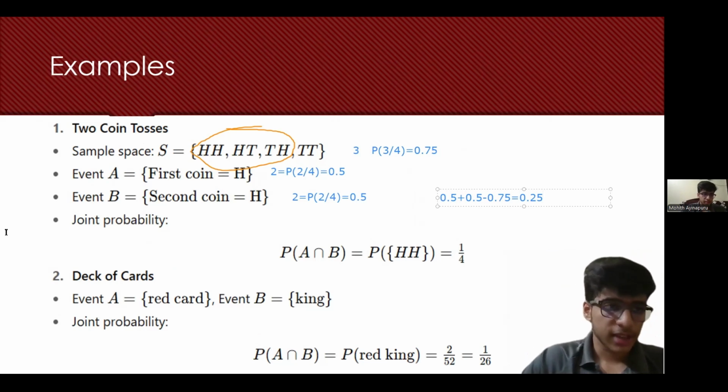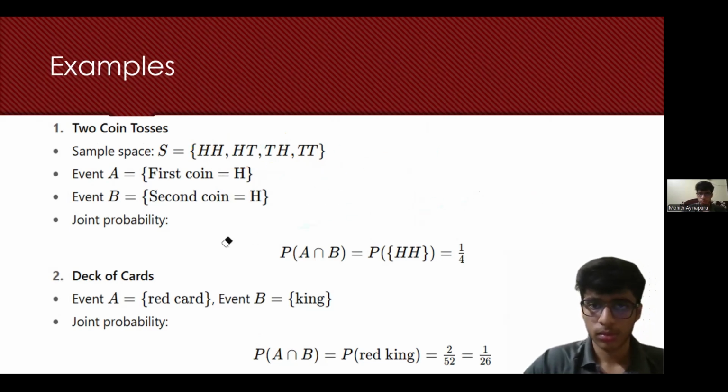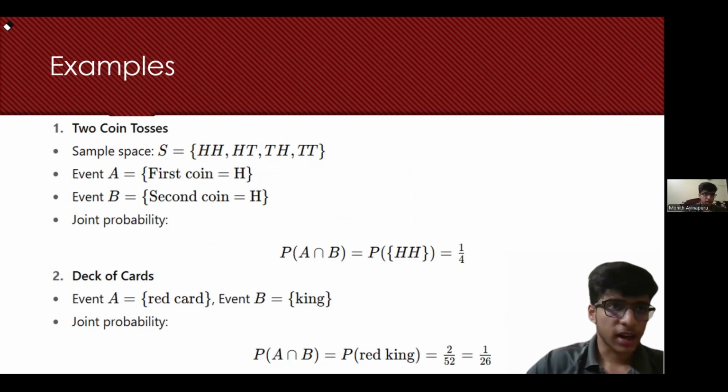So if we consider the second one, we're going to erase all this. Okay, consider a deck of cards. The number of red cards in a deck of cards is 26, and getting a king when we pick up those red cards.